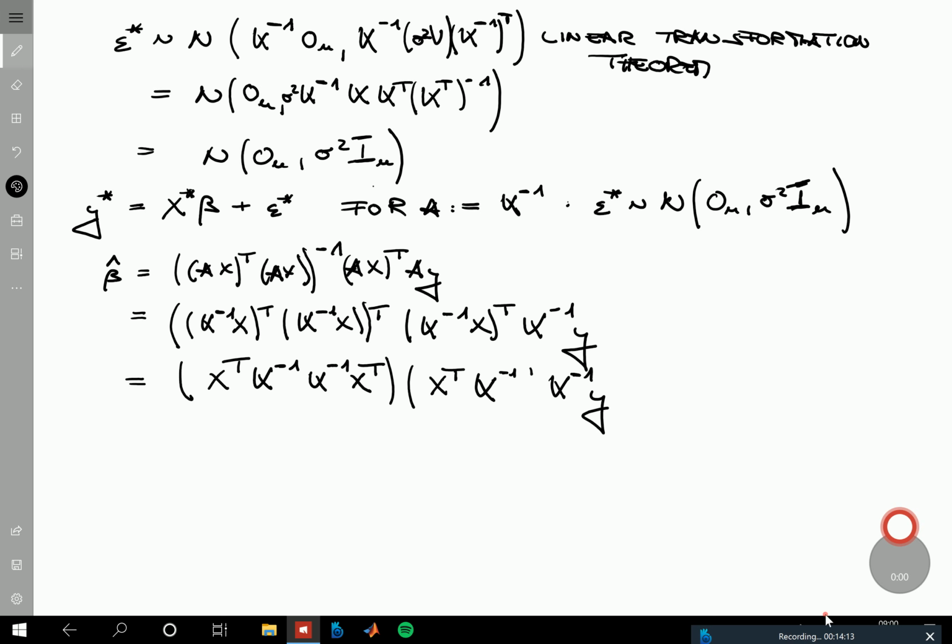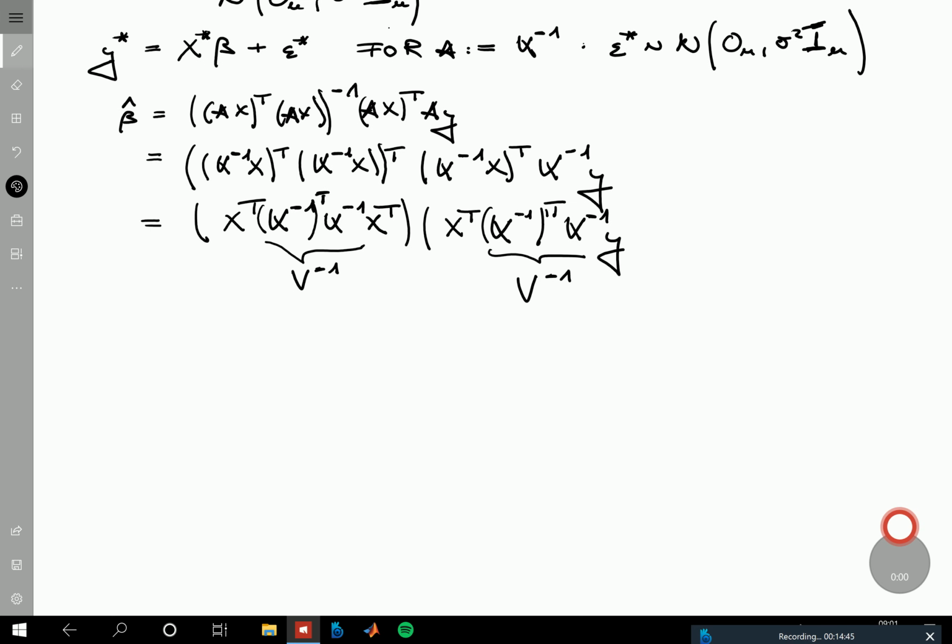There was a T missing, sorry. There needs to be a T, and now these terms are V minus 1. Because that's how we set it up.